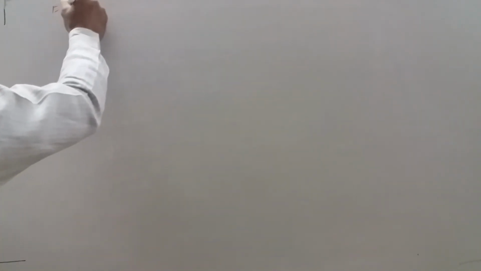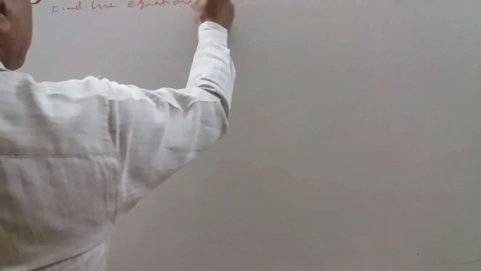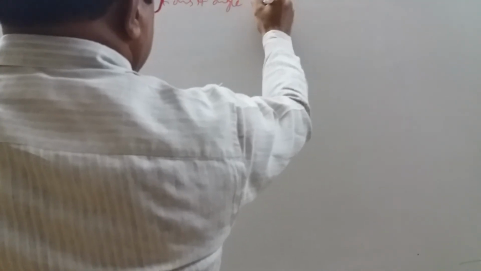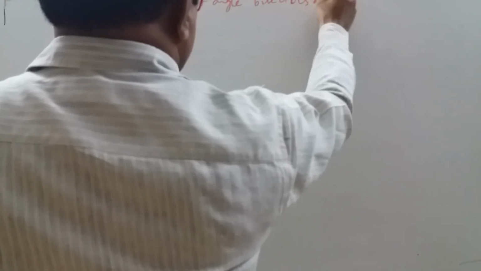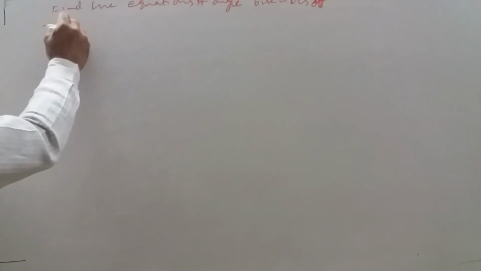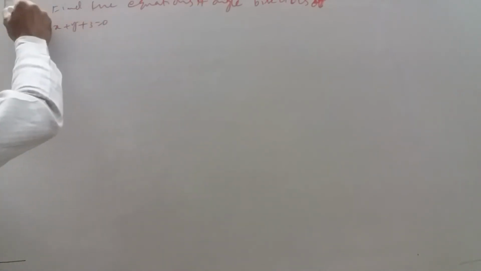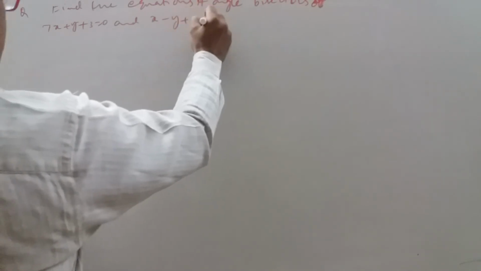Find the equations of angle bisectors of the straight lines 7x plus y plus 3 is equal to 0 and x minus y plus 1 is equal to 0.